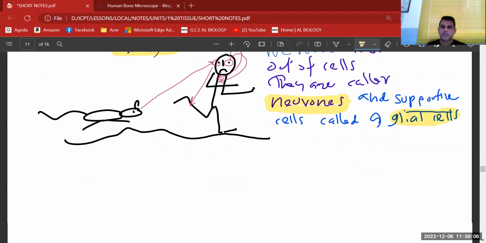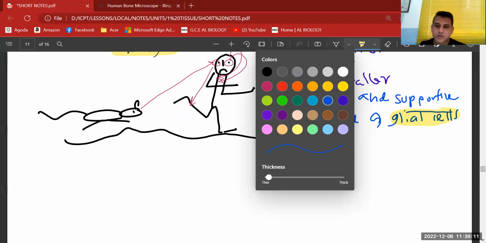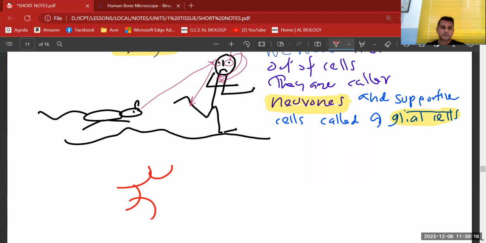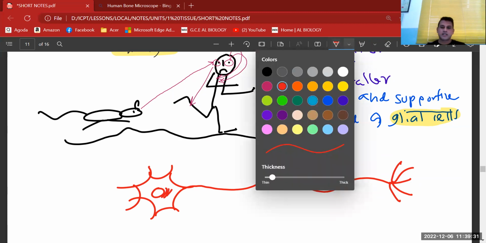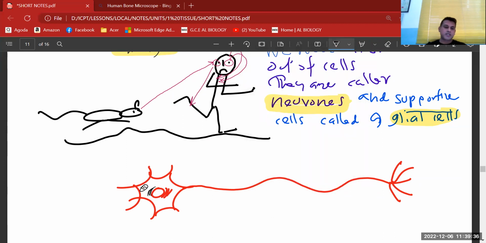Okay, we try to see the appearance of the nerve cells. It has a cell body like this, and there's a long cytoplasmic extension but not a flagellum, and the end is like this. It has a nucleus and the rest of the organelles that you learned: mitochondria, endoplasmic reticulum, smooth endoplasmic reticulum, lysosomes, everything is there.